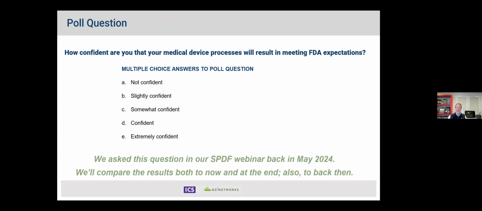And this is a question that we selected also because, and please go ahead and answer the poll as I'm talking here, we asked this question actually about a year ago, and we're going to get a chance to compare the answers to a year ago.